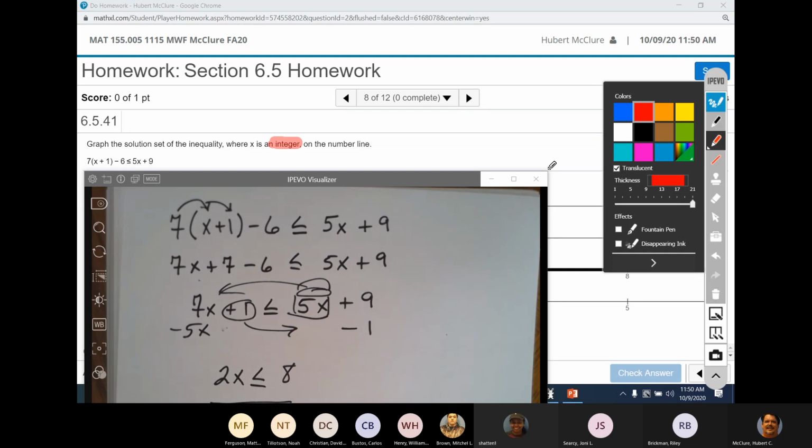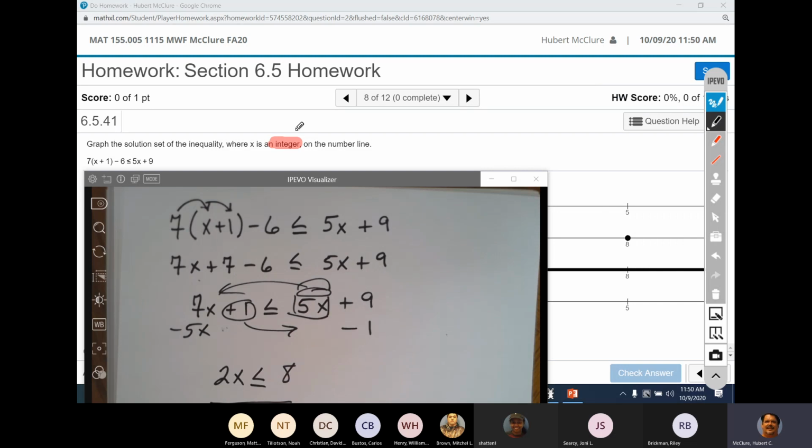They do this on standardized tests too. When it says integer, you need to mark through that and say whole numbers.